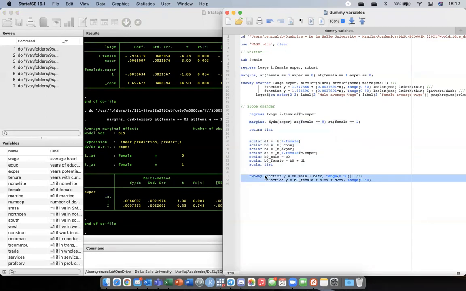Maybe I can also include a scatter plot here just to be sure. So let me add it here. Okay. And let me just clean up the graph.